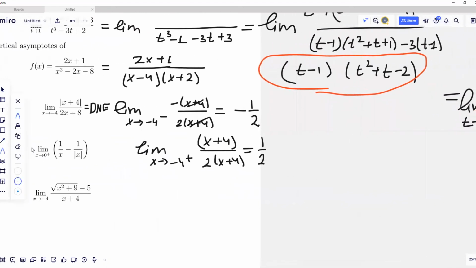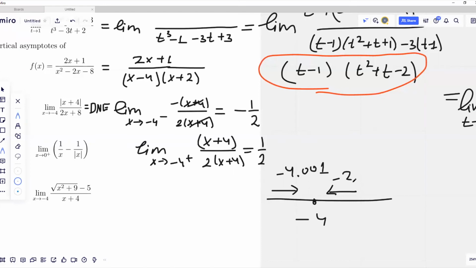So guys, when you are approaching -4 from the left side, you'll get some value that is less than -4. So something like -4.01, let's say. And when you're approaching from the right side, you'll get some value that is greater than -4.